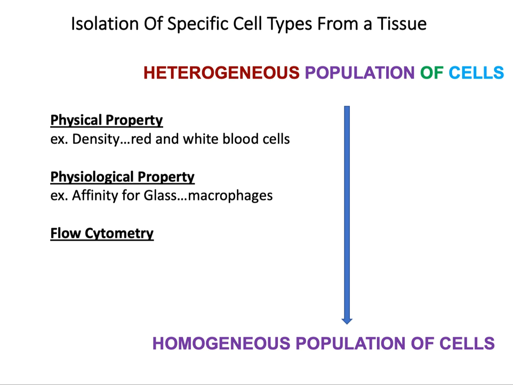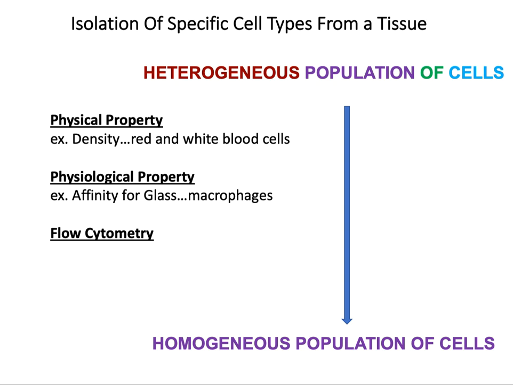So you need to exploit some cell property in order to purify your cell type of interest from this heterogeneous cell population. You can use physical properties such as density. Red and white blood cells have very different densities, so you can use centrifugation to spin out the cells you are interested in. You can also use a physiological property.